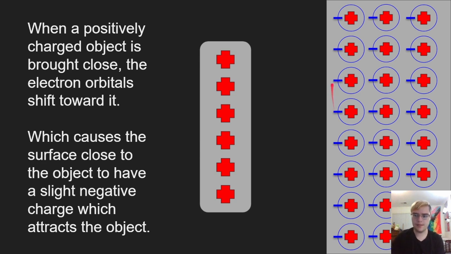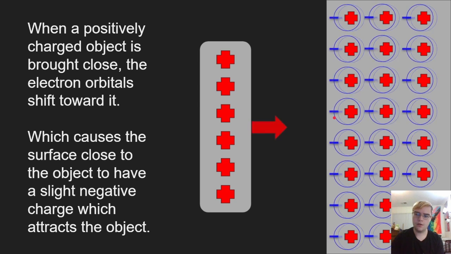So what will happen is the electron orbitals will move slightly towards the object, which in turn makes the surface of the object slightly negatively charged, which will then attract the positively charged object. So that's why when you bring a positively charged object near an insulating or neutrally charged surface, they'll attract.